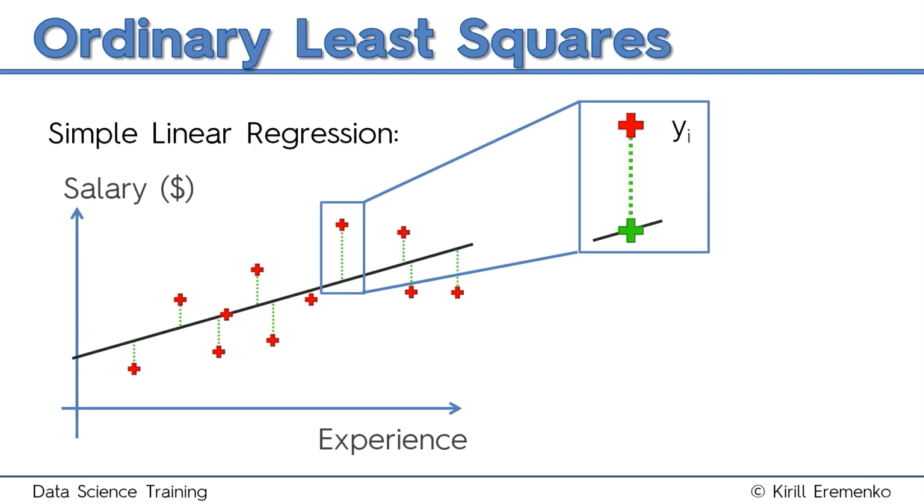Now the red cross is called yi, so y with the subscript i, and that is the actual observation. The green cross is called yi hat, and that is the modeled observation, or the modeled value. So basically, with that level of experience, where does the model predict that he would be earning?